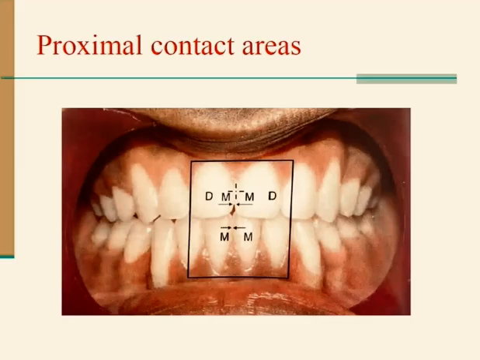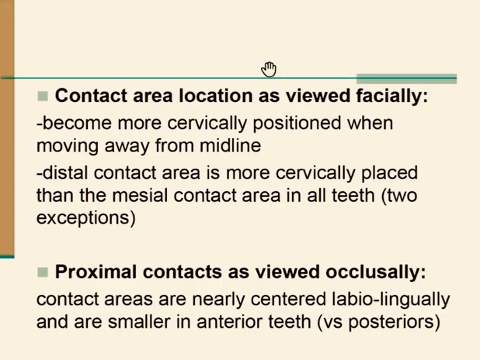So, the position of the contact areas. Contact areas as viewed from the facial, which is buccal or labial, and we will also see the location of the proximal contacts as viewed from the occlusal surface.